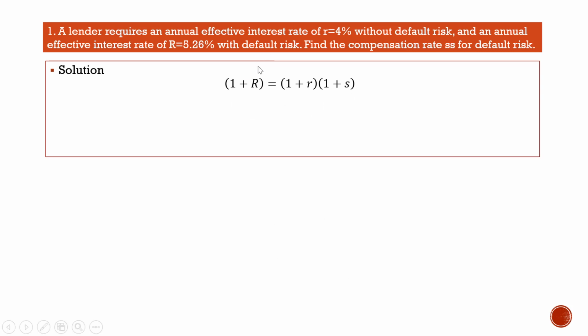Capital R is the effective interest rate with default risk, little r is the effective interest rate without default risk, and s is the compensation rate. So s is (1 plus R) over (1 plus r), the whole thing subtract 1. So s is around 1.21%.